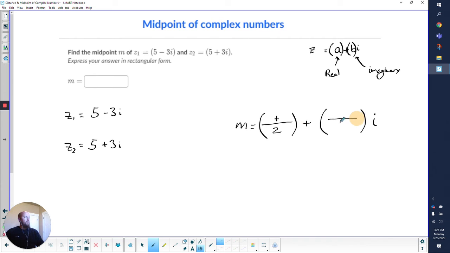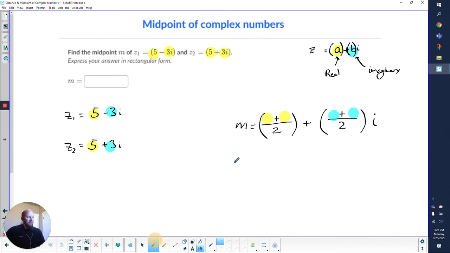Add those b values up and divide by 2. You've heard this before. You've got a real number, an imaginary number, and together the whole thing makes what's called a complex number. So we're going to take the real number piece and average those two, and take the imaginary number piece out of both of those and average those two. So there's your imaginary number piece, and here's your real number piece. Okay.